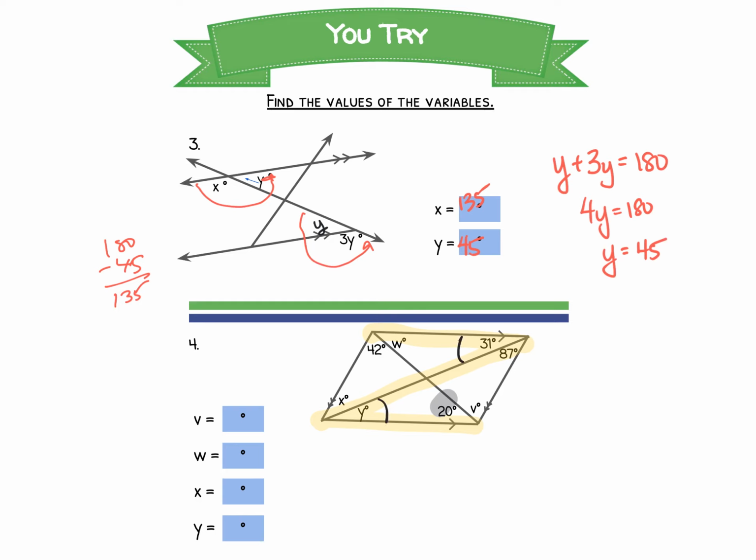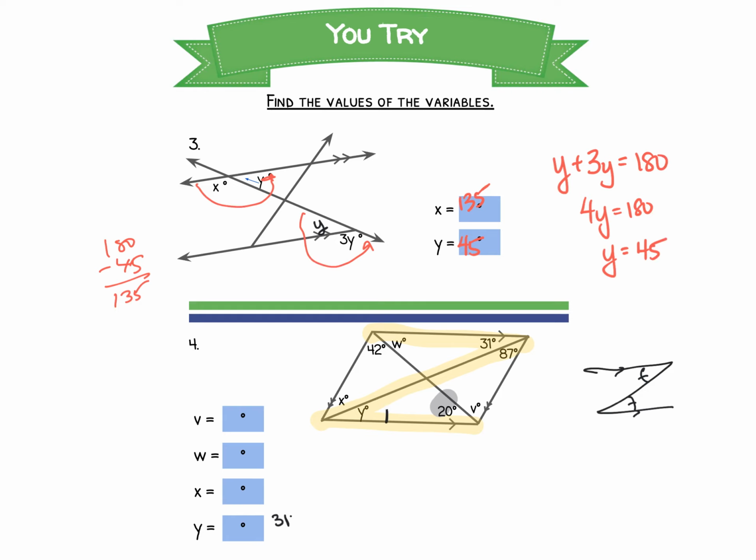This angle and this angle. Those are alternate interior angles. What I tell people to do is look for the z's. Okay, so look for a z with my parallel lines and my transversal. The angles that are tucked into the bend of the z's, those are going to be congruent and they're alternate interior angles. So from that z there that I've highlighted, I can tell that y is 31 degrees.